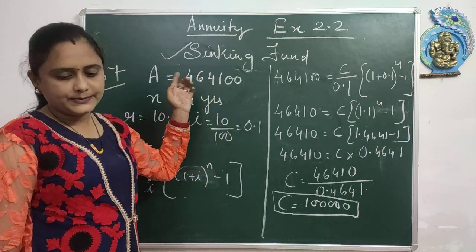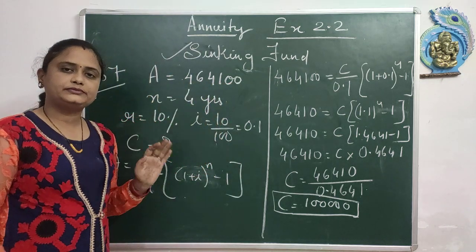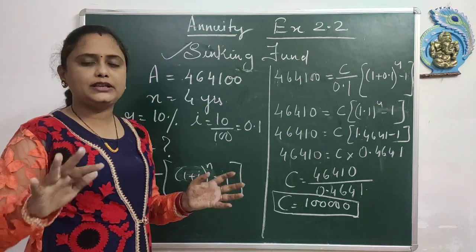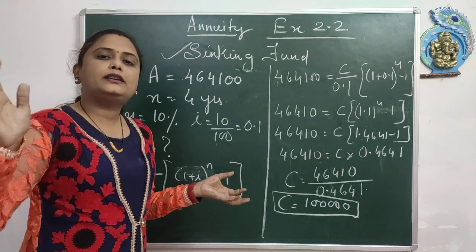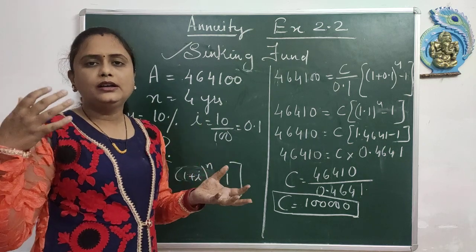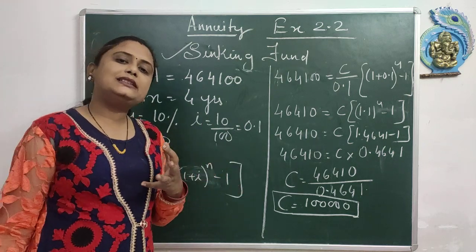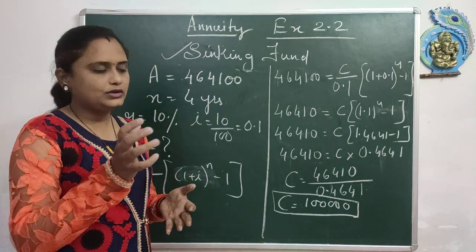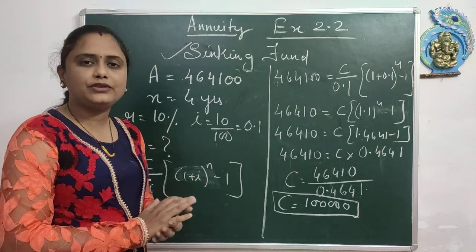Is it clear? So this is how you can find how much she should accumulate. कितना हर साल या क्वार्टर या एवरी मंथली कितना कंट्रीब्यूट करे, सो दैट नियर फ्यूचर में उसको इतना अमाउंट मिल जाए. Okay, so this is the type of question of sinking fund.